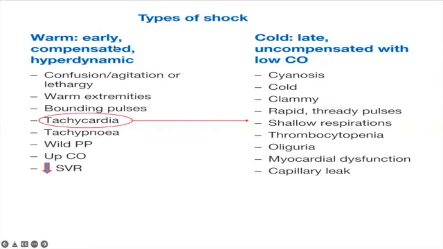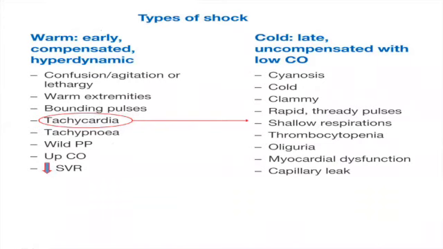Because classically, I need somebody to answer, what type of inotropes will we use if we have a child with warm shock? Any volunteer? Warm shock, what type of inotropes? Norepinephrine. Excellent, norepinephrine.